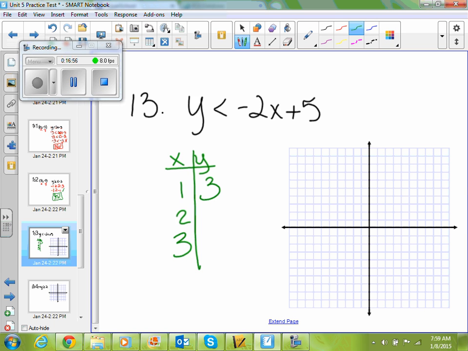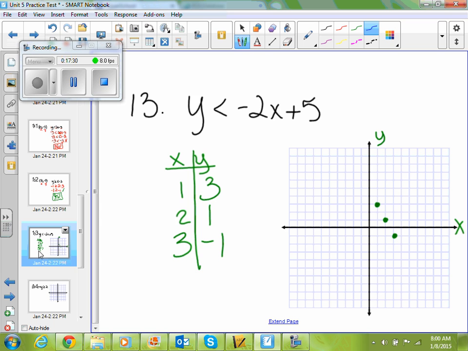I plug in 2: -2 times 2 is -4, and -4 plus 5 is 1. If I plug in 3, -2 times 3 is -6, and -6 plus 5 is -1. So if I graph those, I go over 1, up 3 to get my first point, over 2, up 1 to get my second point, and over 3, down 1 to get my third point.